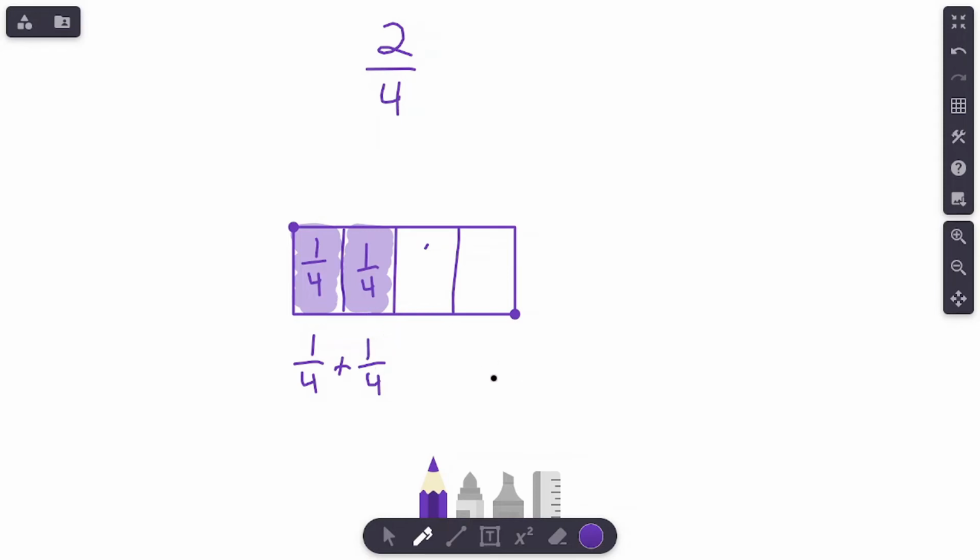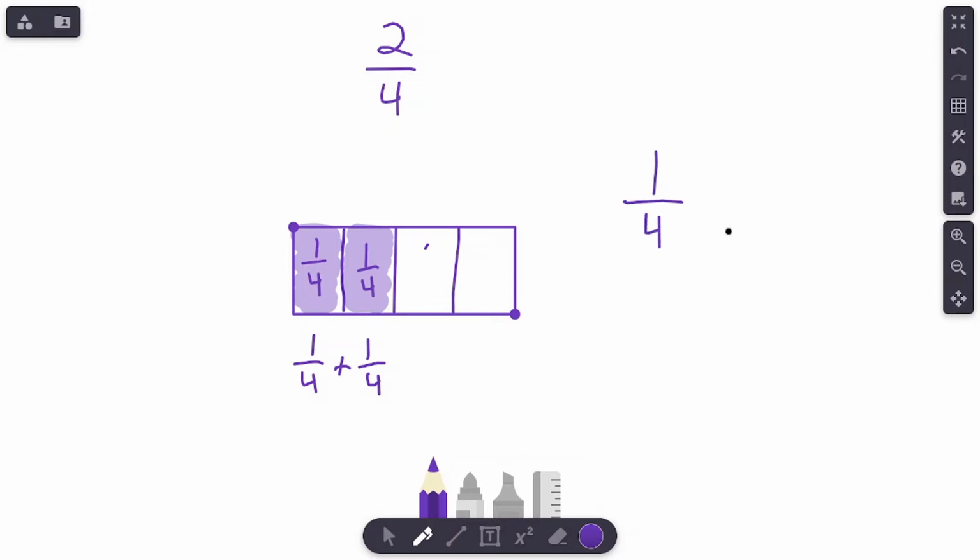But another way to do that, repeated addition, is the same thing as multiplication. So what we can do is we can multiply to get 2/4. And to do that, there's 2 different ways you could multiply. The first way is to represent what each of these sections represent. This section here and this section, they each represent a 4th.